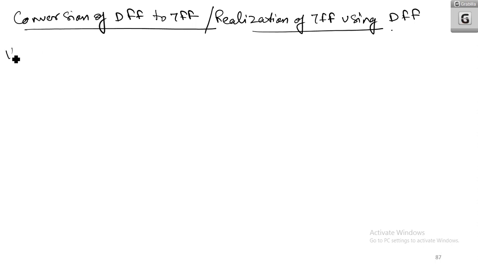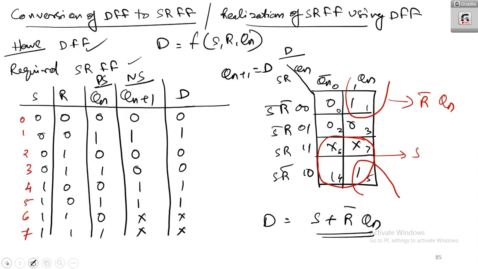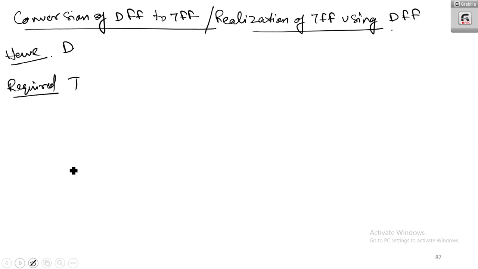So here what we have is a D flip-flop. What is required is a T flip-flop. That means you need to write D as a function of T and Qn.